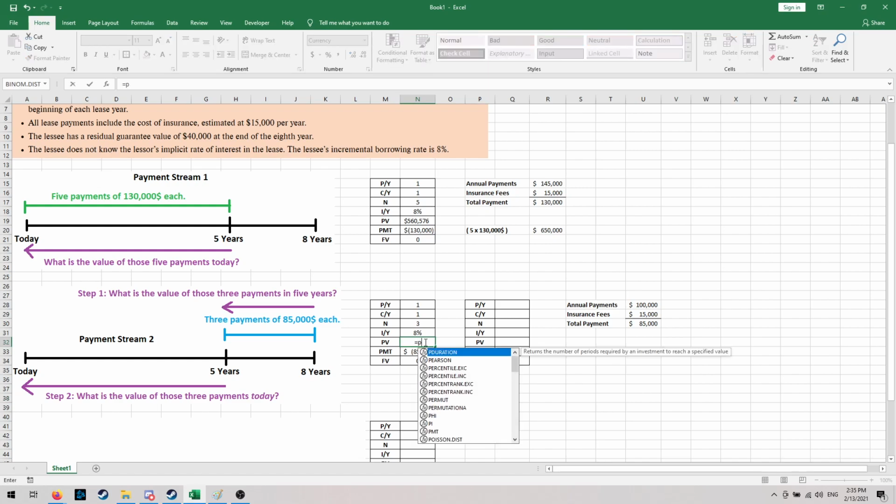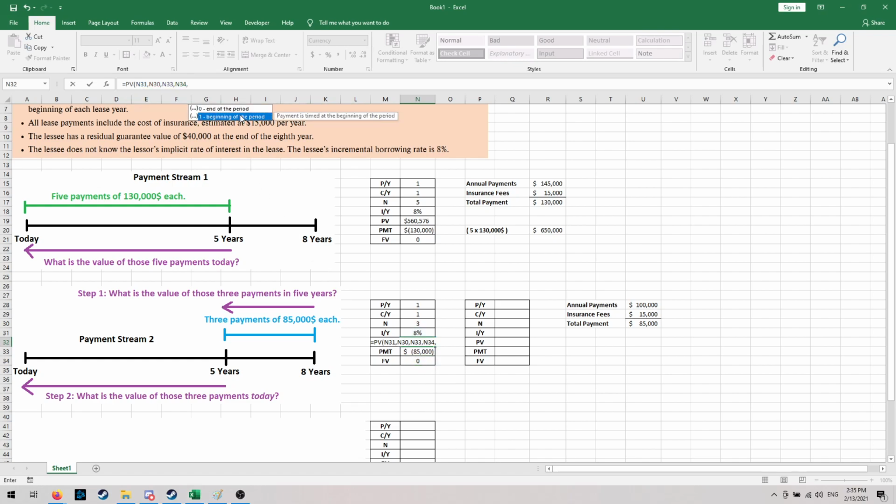And we can do this in the exact same way. PV, our rate of 8%, our number of payments, 3, the amount of our payments, $85,000, the future value, 0, and again, this is the beginning of the period.